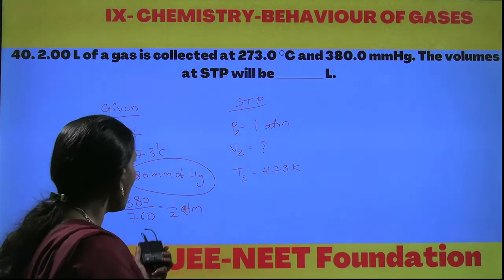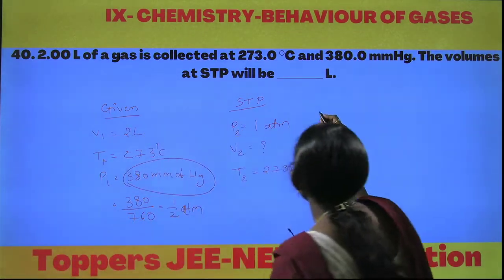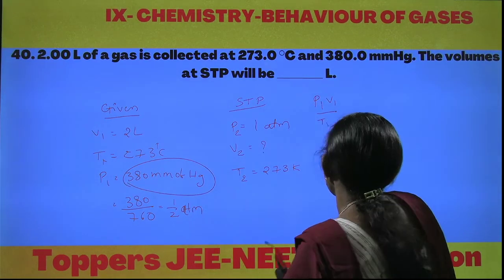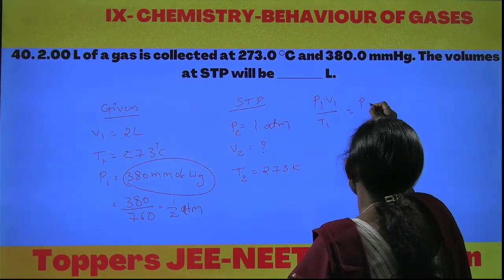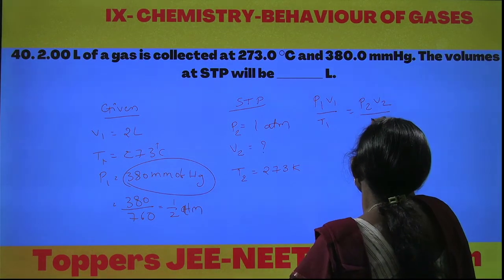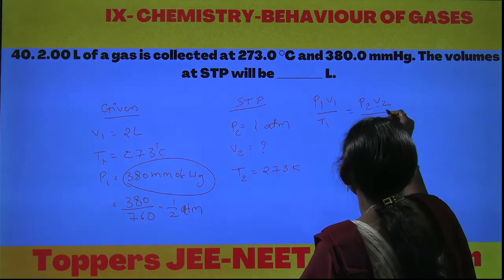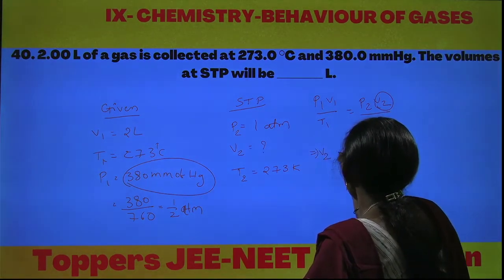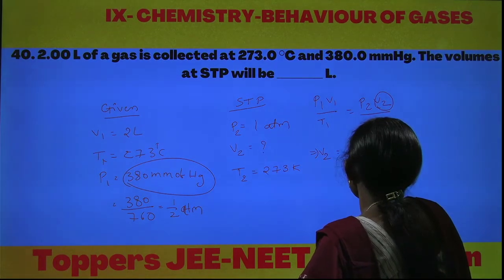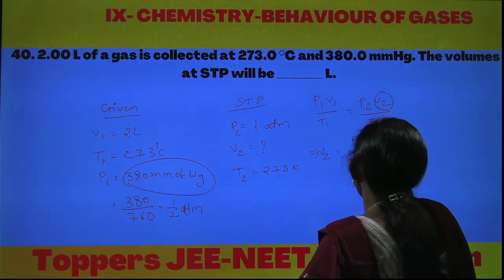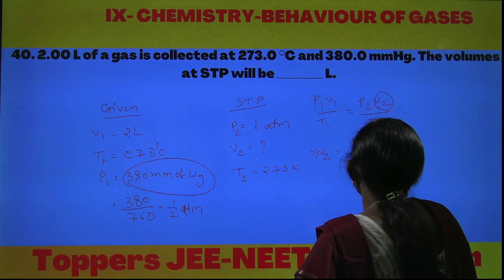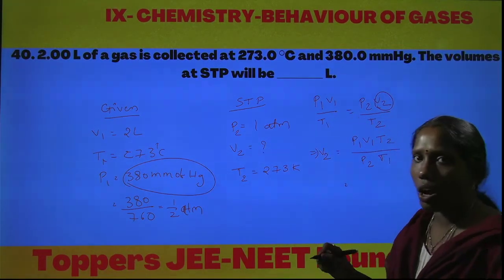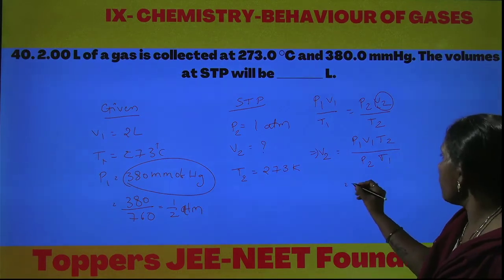Now substitute the whole data into the given formula, that is P1 V1 by T1 equal to P2 V2 by T2. What we have to calculate is V2. So V2 equals P1 V1 T2 by P2 and T1. We know all the values, just substitute them and we will get the answer.